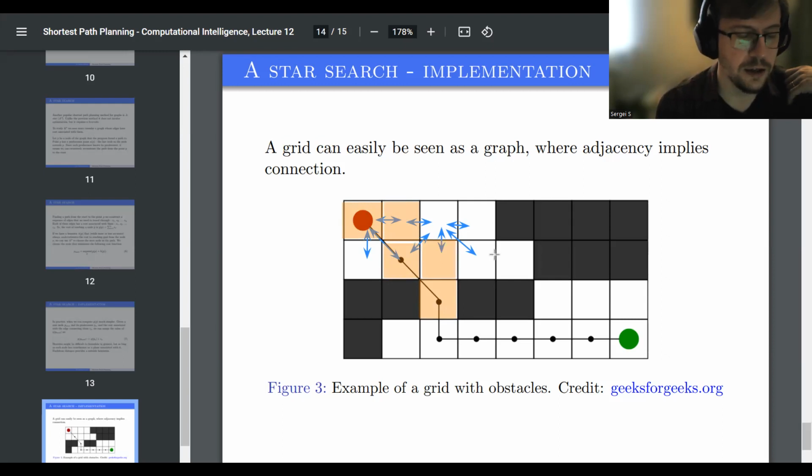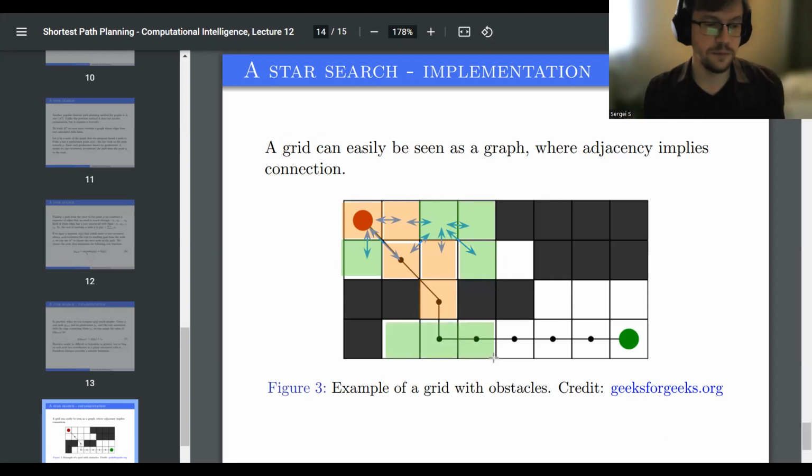Okay, what are the adjacent cells? I will denote them in green. You'll find this is adjacent and not explored. This is adjacent, not explored. This is adjacent, not explored. This is adjacent, not explored. This one is also adjacent and not explored. So in this case you get 6 cells that are adjacent and not explored.